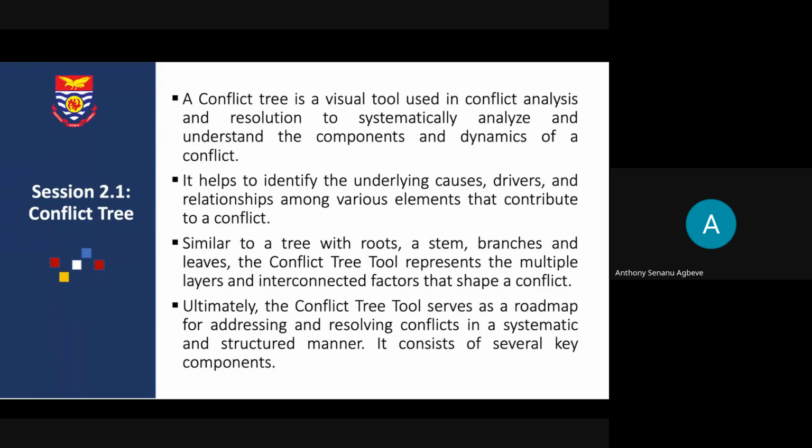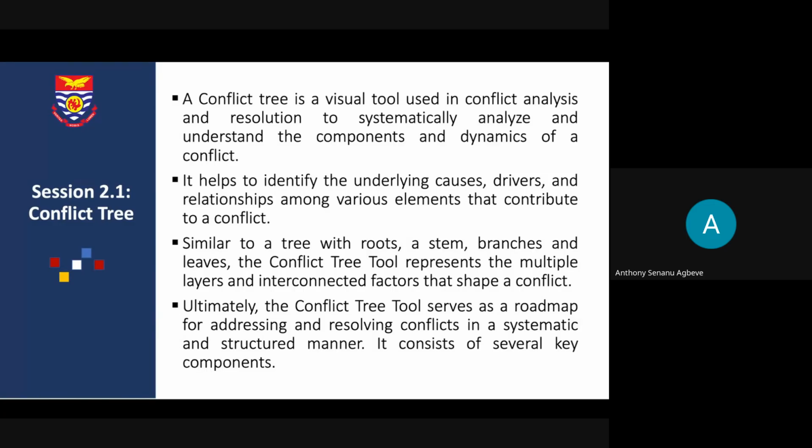So without the roots, the tree will not survive, because then the tree cannot pick up nutrients from the soil, right? And without the stem, there will be no pathway for those nutrients to go through so that the tree can bear fruit.